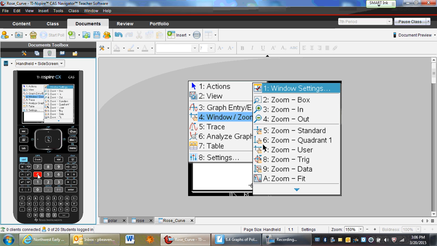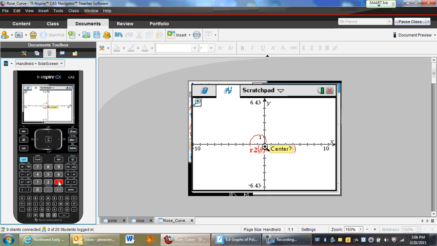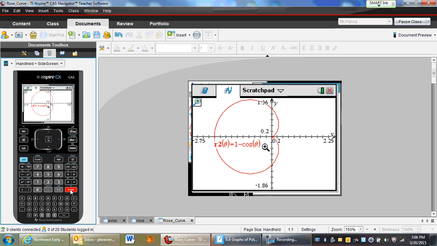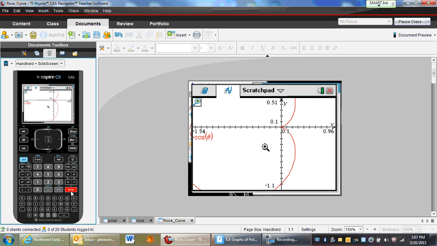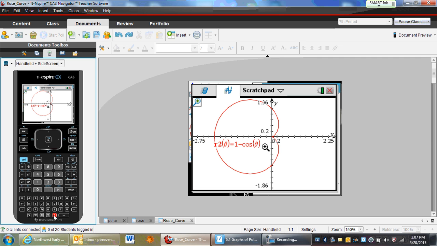Yeah, you guys notice? Kind of looks like a heart. Do you guys know how to undo? Control Z. Yeah, do you guys get the same graph?